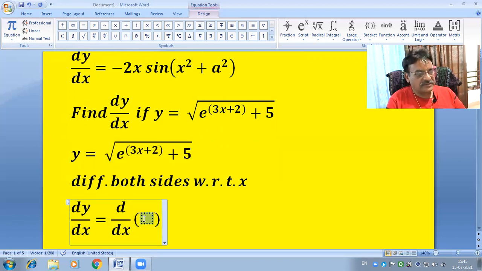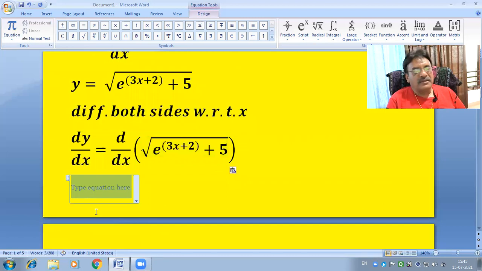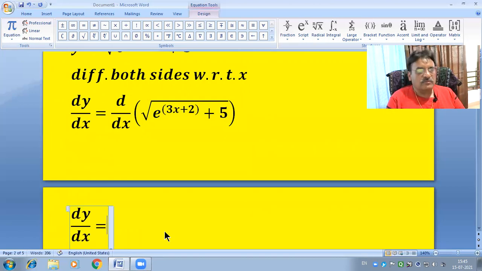So we write this function here. And for finding the derivative of this function, we use the simple derivative formula.